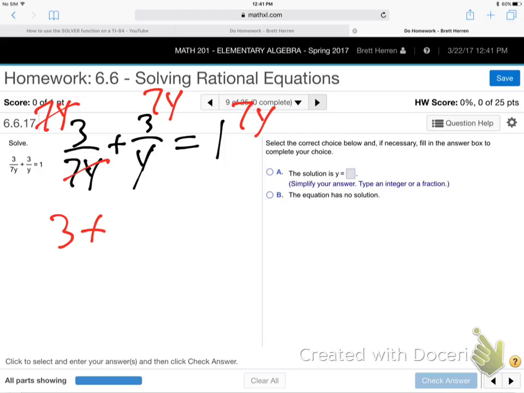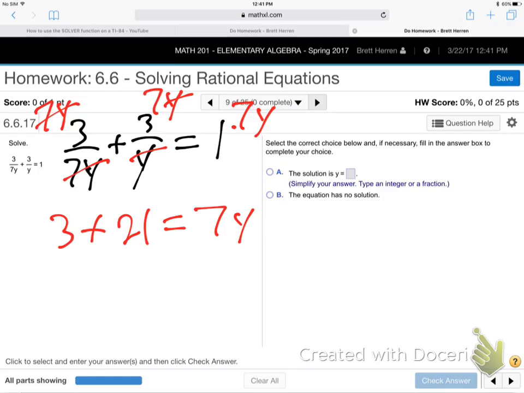So on the middle fraction, what can you cancel? Y with y, what's left over? 3 times 7, 21. Right? You multiply whatever's left over. We good? And last, 1 times 7y is just 7y. Is that good? Getting the hang of that?